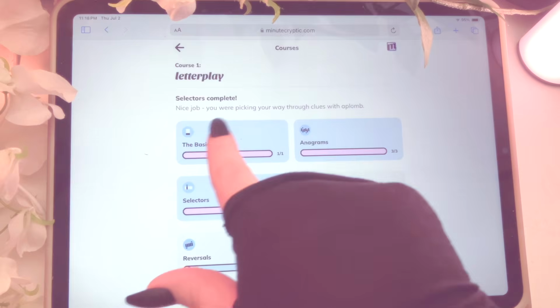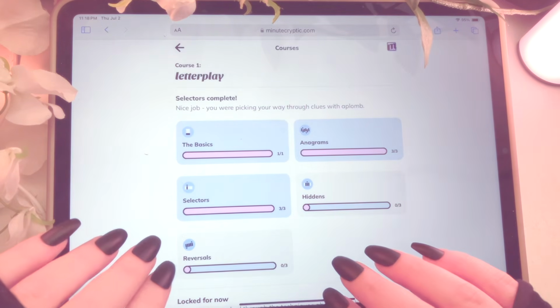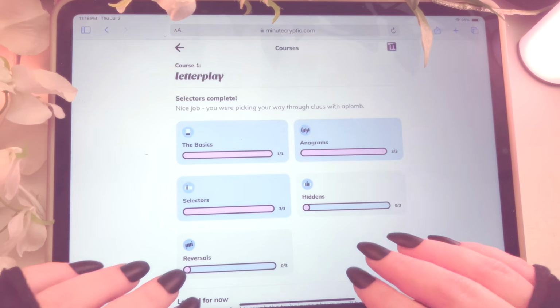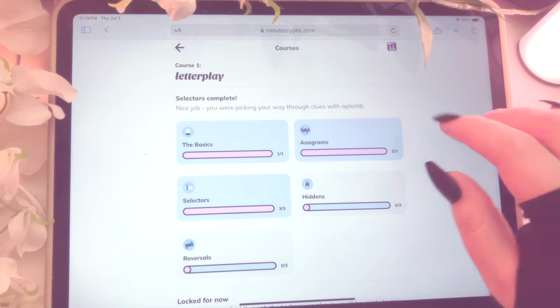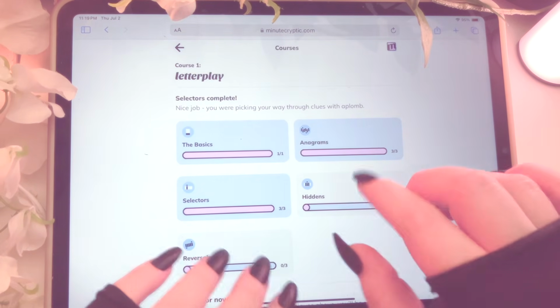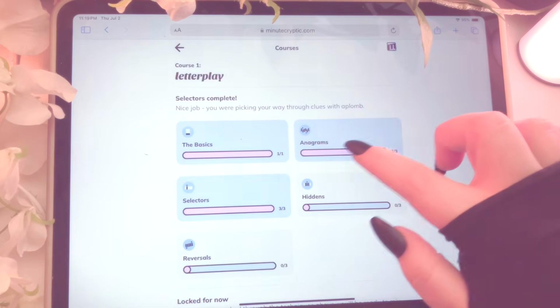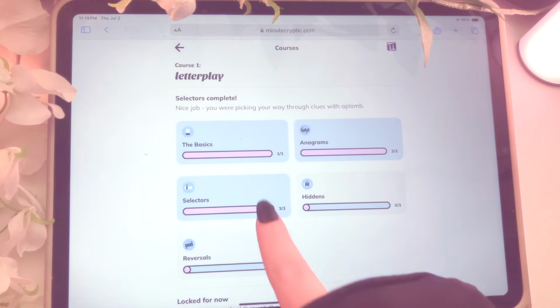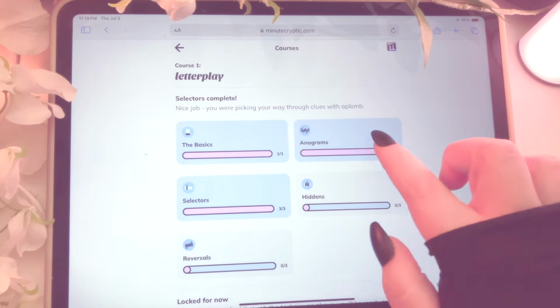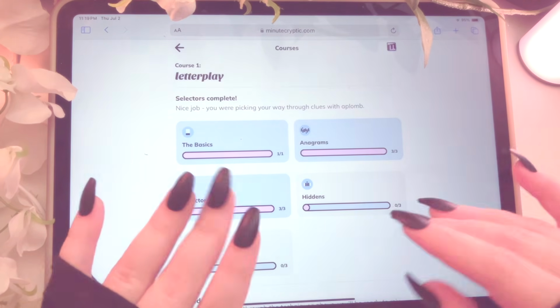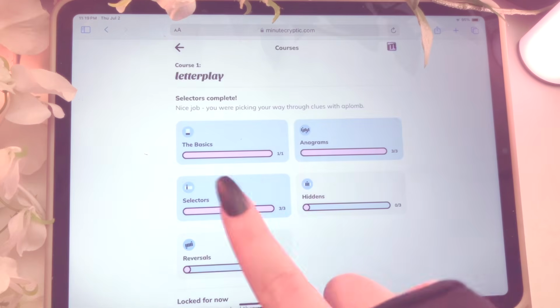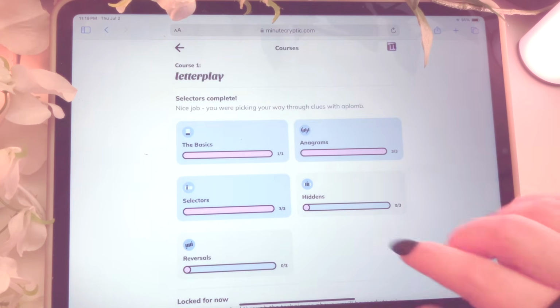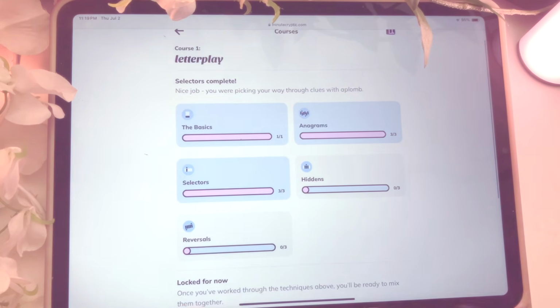So we already went over in the previous video, which I will link, unless of course I can't find it or if I forget. But we went over the basics, we went over some anagrams, we went over selectors. So anagrams is when we have to, of course, swap around letters to find out the clues.